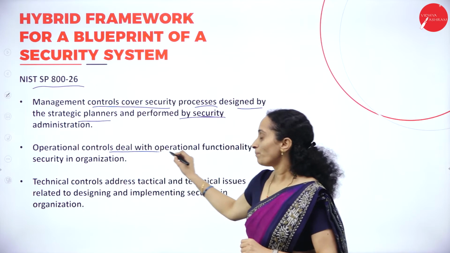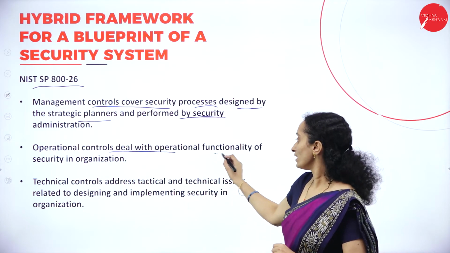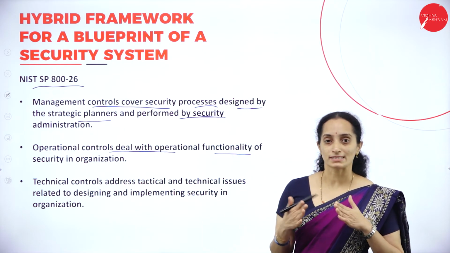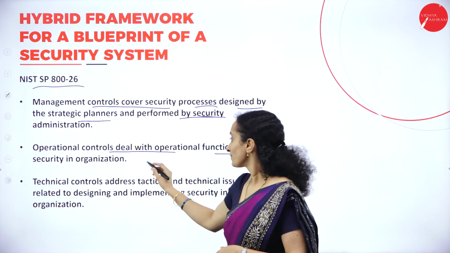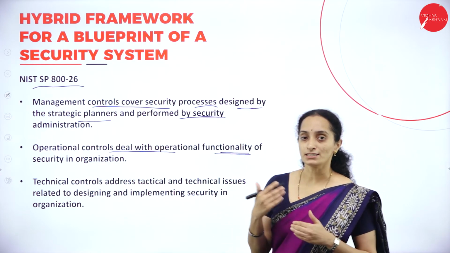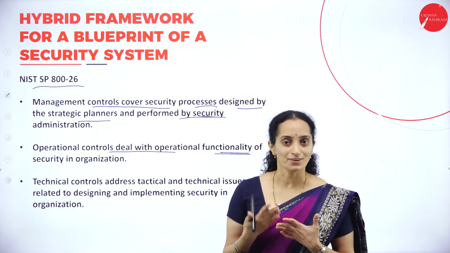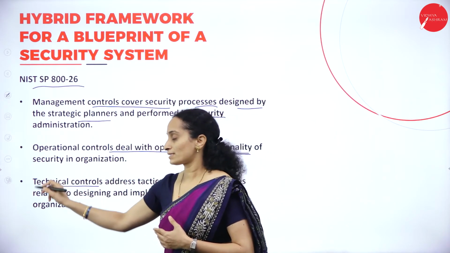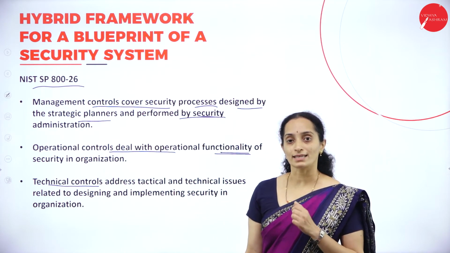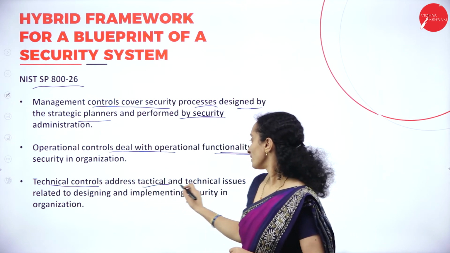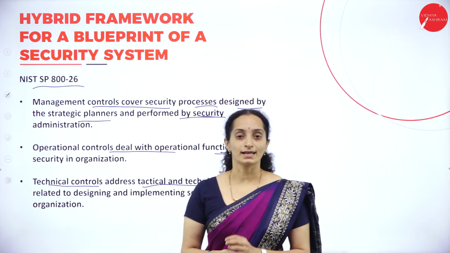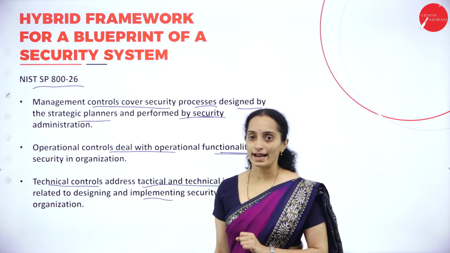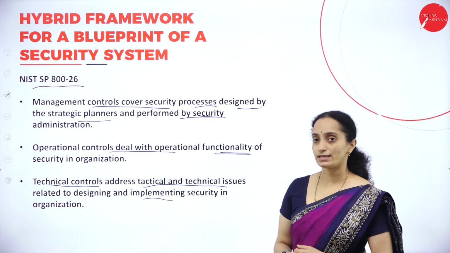Next is, operational controls have to deal with the functionality of the security. Operational decisions must be made again by the top management: how the security must function in an organization, with what kind of employees. Apart from operational controls, they must have technical controls. That means they have to address the tactical and the technical issues related to designing and implementing security in the organization.